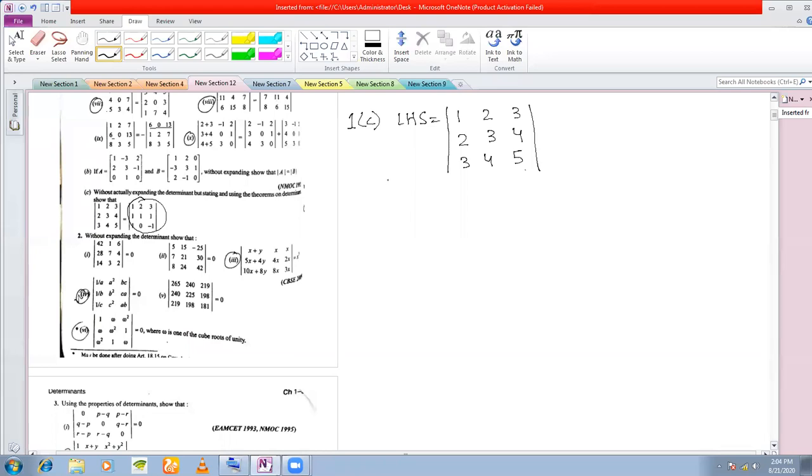Okay, how will you show this determinant is equal to this? Check what you can do with these two. If you see, the first row is the same, right? What about these two?